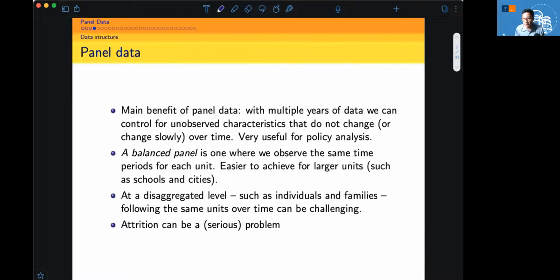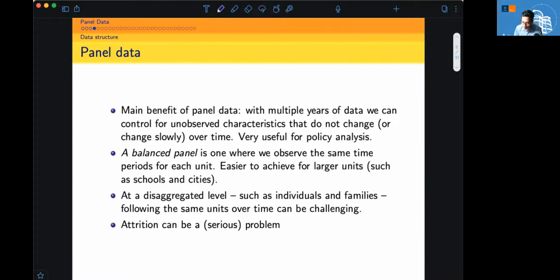So what's the main benefit of using panel data? We're not going to be able to find panel data for every problem or every research question that we're interested in. However, if we do find panel data, what are going to be the advantages?